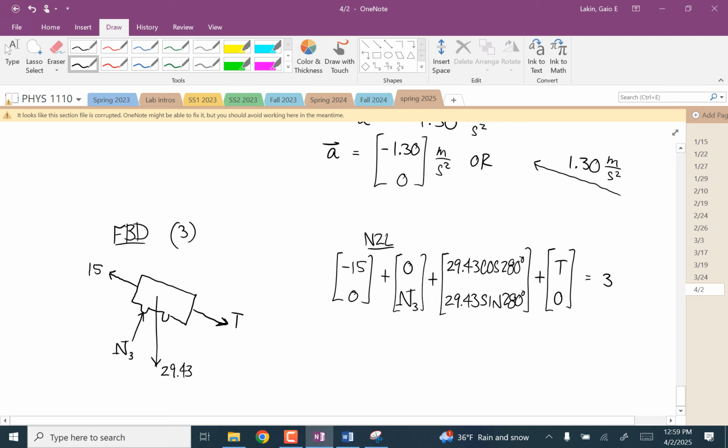And this time the acceleration we can just substitute in the vector that we calculated. So 3 times negative 1.30, 0.